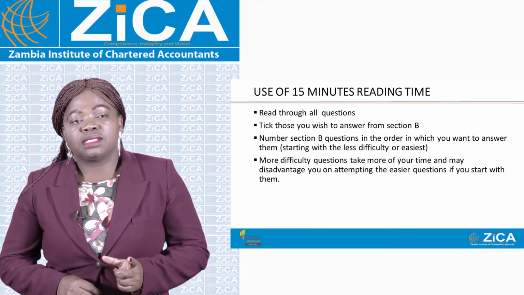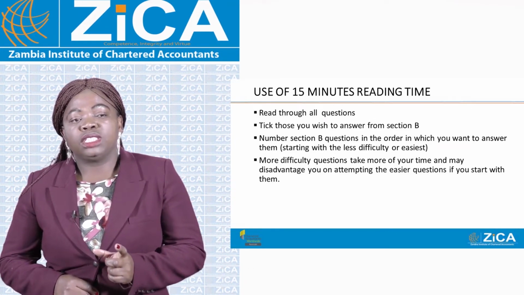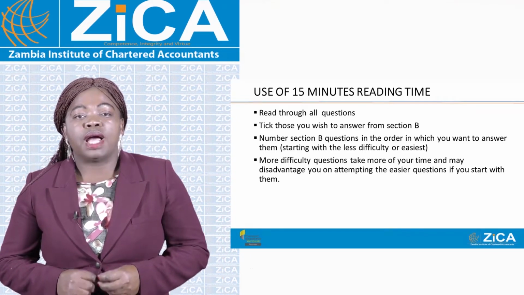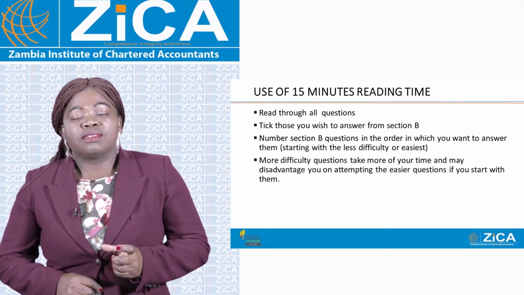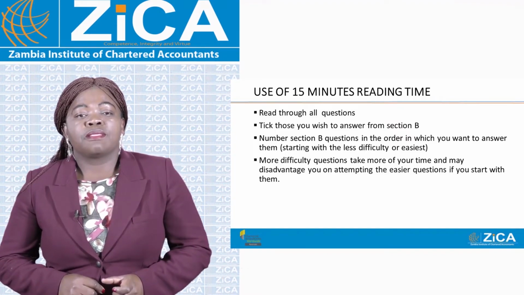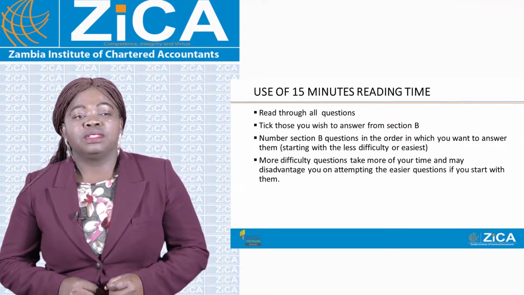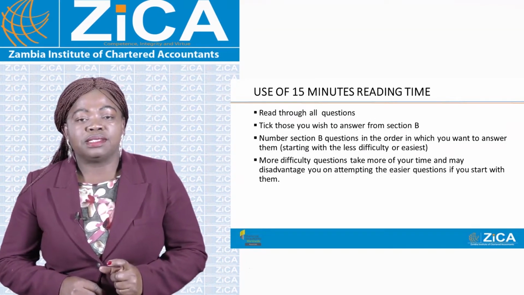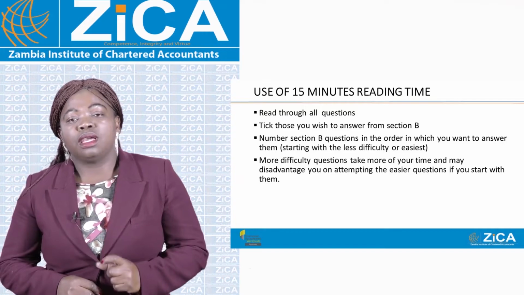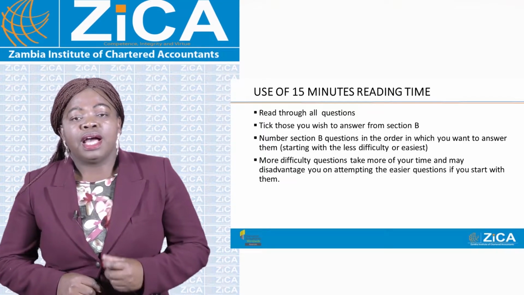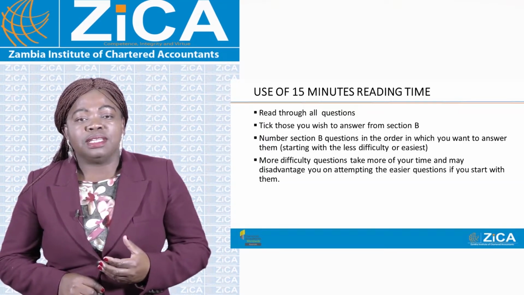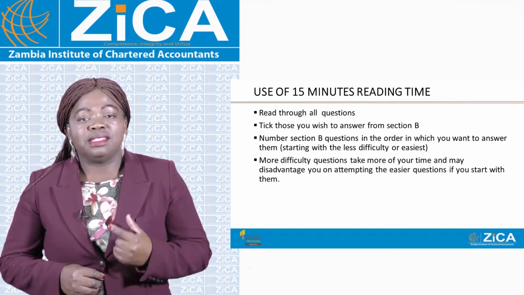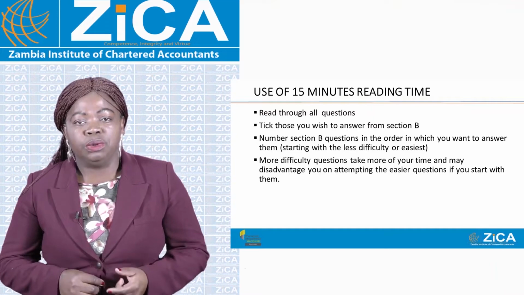The 15 minutes should be used to select which 2 of the 3 questions you are going to answer. When you have selected those 2 questions, that is not enough. Also make sure that you number the 2 questions in the order that you think you can answer them.